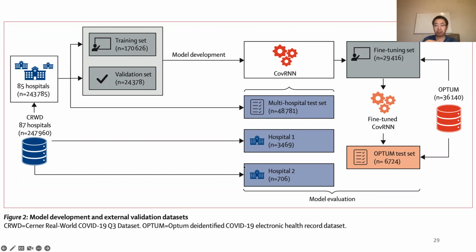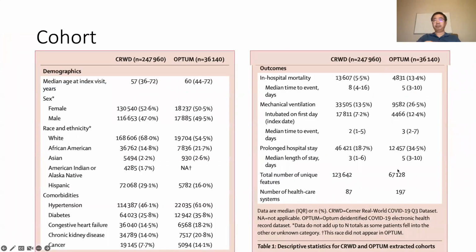We want to interpret how well this can be done in an individual hospital. And in the Optum data, which is a different data source, we use a part of the Optum data to fine-tune this model developed on the Cerner data, and then evaluate on a held-out Optum test set. By doing so, we can evaluate the transferability.